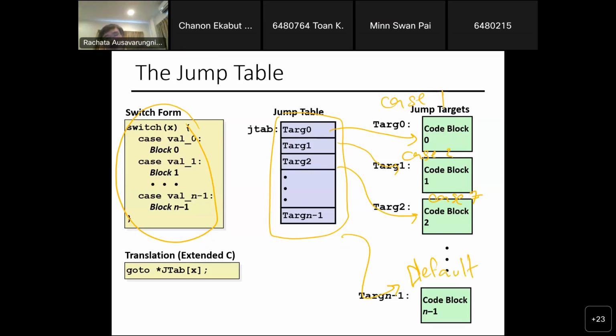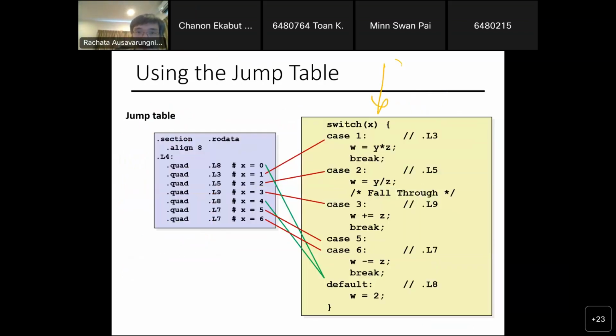Depending on the value of x, the jump table would contain the target location. From our sample code, you will see that if x is 0, you jump to L8, that's default. When x is 1, you do L3. If it's 2, do L5. If it's 3, do L9. If it's 5 or 6, do L7.